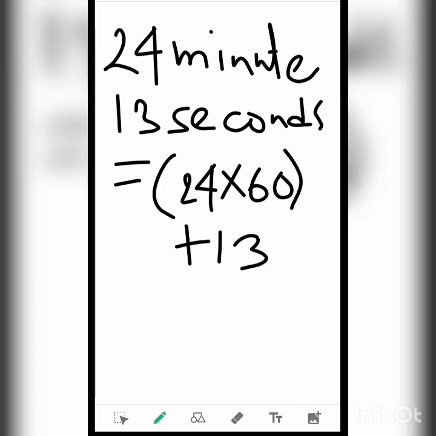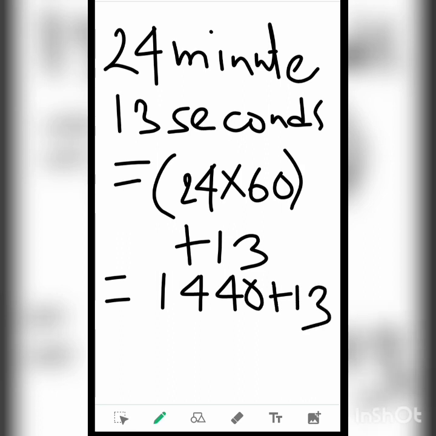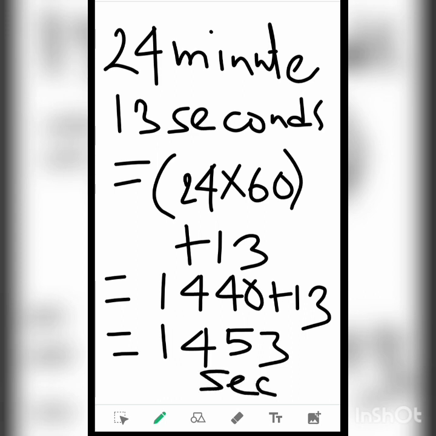I am not going to put units here; at the end I will put the units. So you will get 1453 seconds. So 24 minutes 13 seconds will be converted into seconds as 1453 seconds. In this way we will do the conversion.